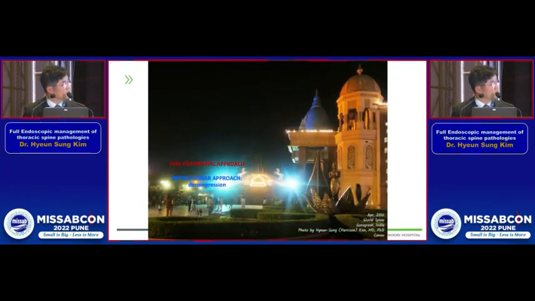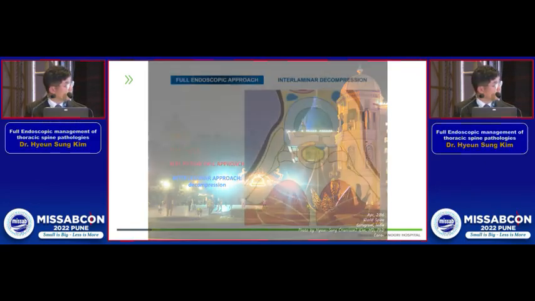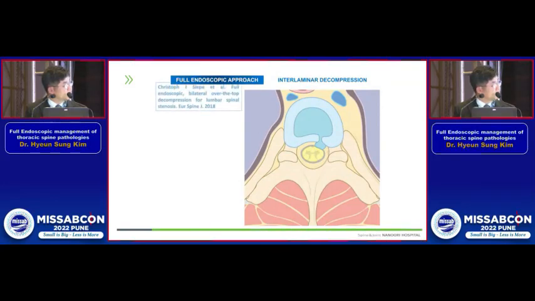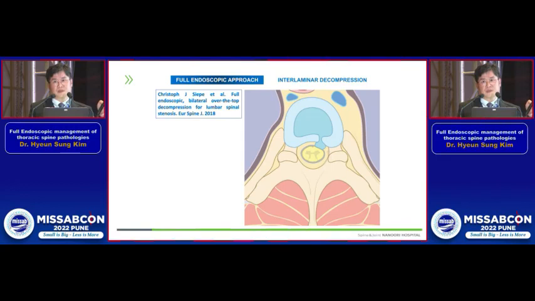If it is disc pathology only, this pathology can be managed by the transforaminal approach to the ventral portion. But in the interlaminar approach, you need it not only for such cases as ossified ligament problems, but also to safely approach this target point.